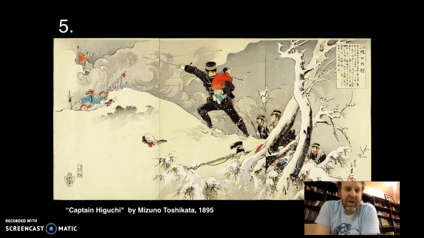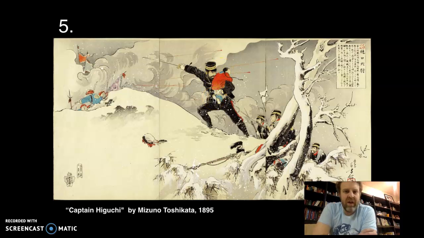This image, one of the things I hope stood out to you was this right here. We've seen this before. This is a traditional hairstyle that would have been worn by the Chinese during the Qing dynasty. And here, it says Captain Higuchi. So this is a Japanese captain. In this image, there are bullets flying, and you see the bravery of the Japanese captain rescuing this young child.